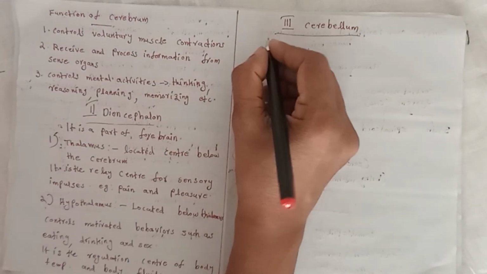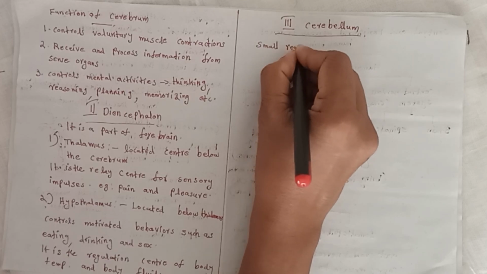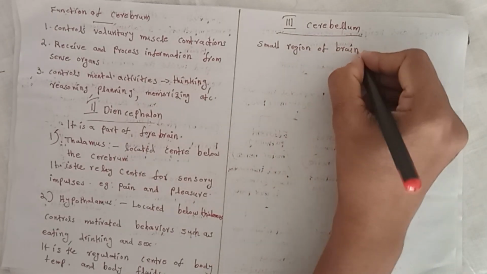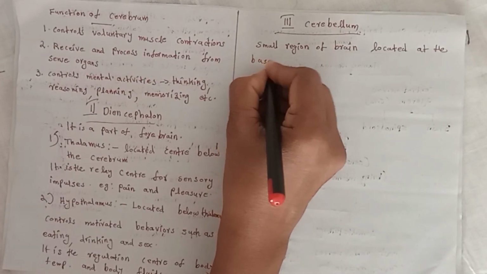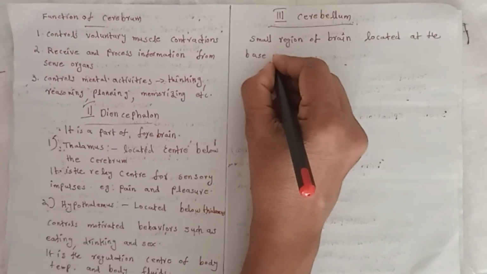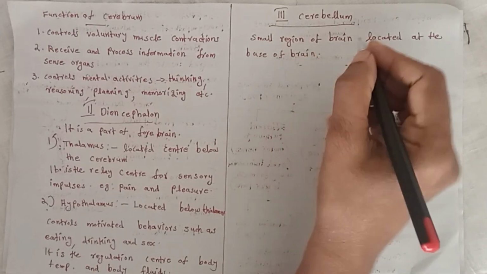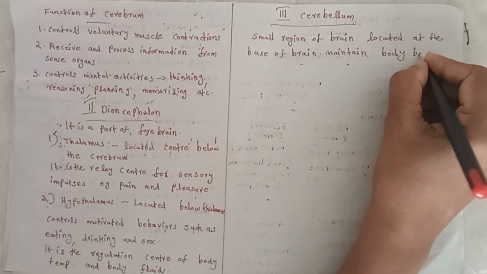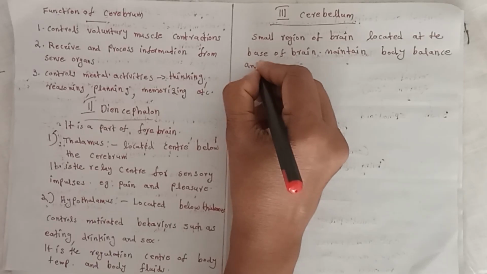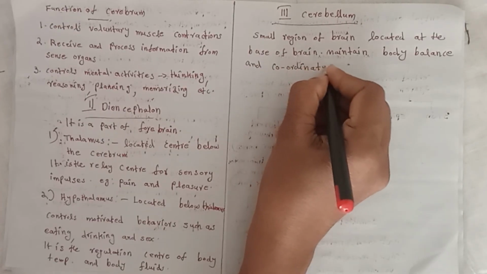Cerebellum is a small region of the brain located at the base of the brain that maintains body balance and coordinates muscular activities.